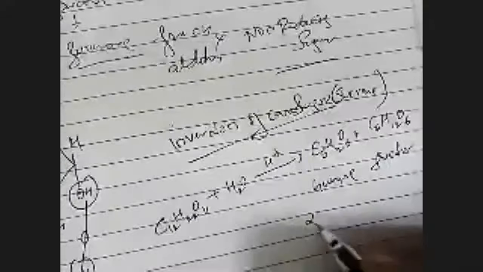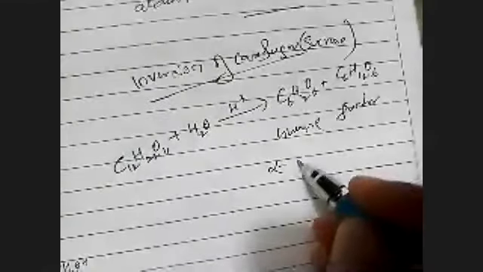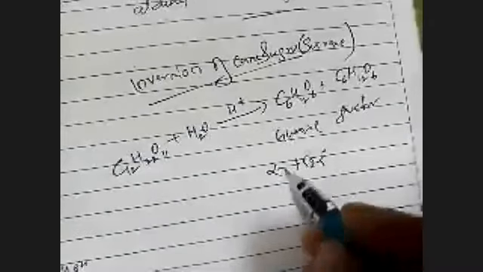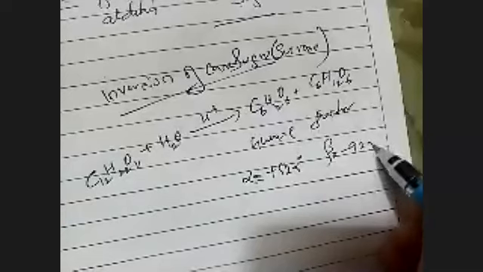Whenever we pass plane polarized light, if it rotates by plus 52.5 degrees, it is glucose, and if it rotates by minus 92.5 degrees, it is fructose. Both are alpha.